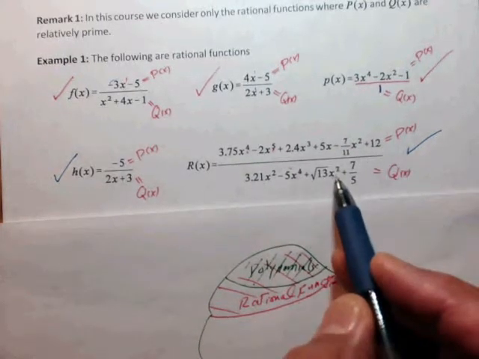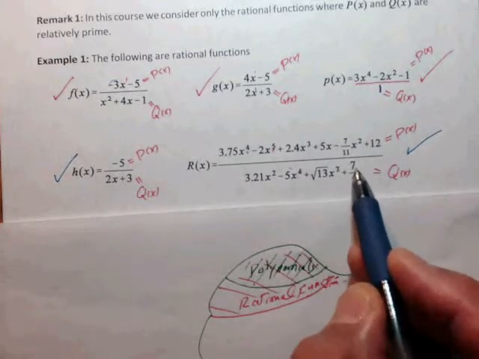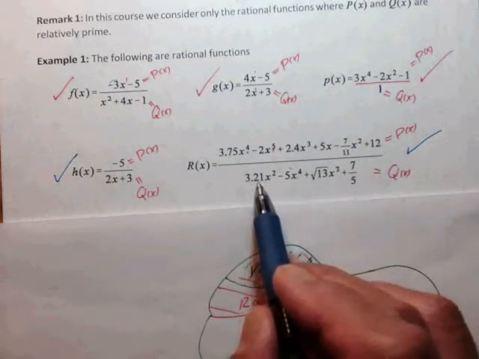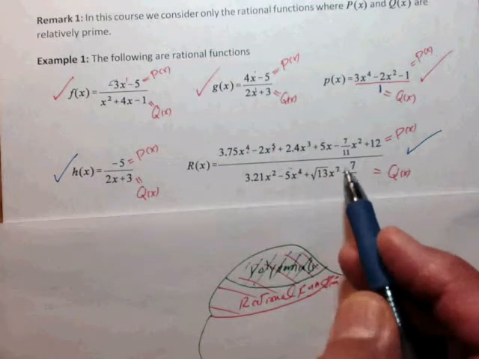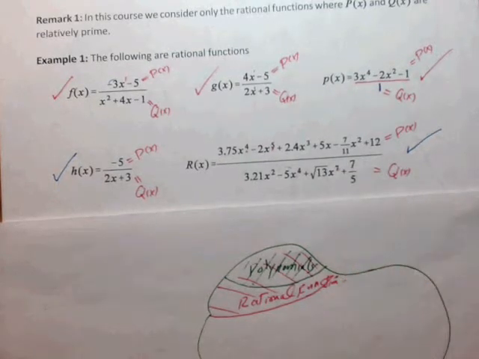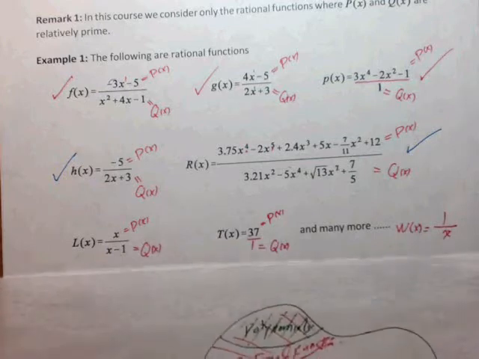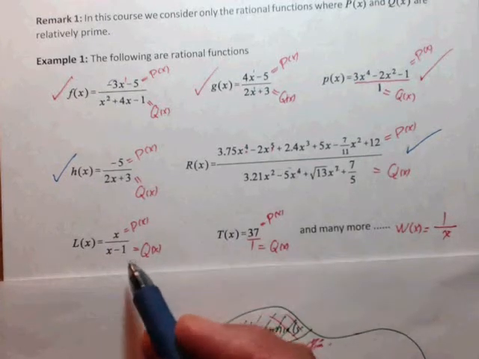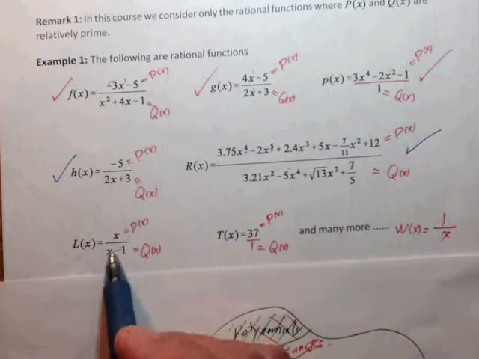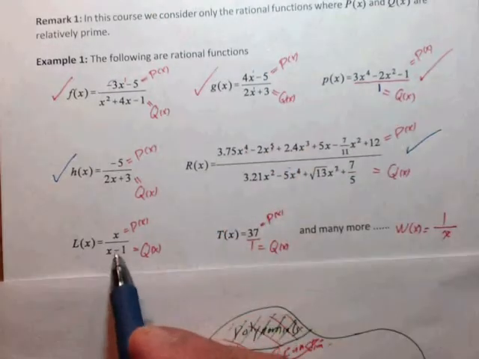The denominator has degree 7 and has 7/5, 3.21, and square root of 13. So it's a rational function, but it's not a nice looking one. It's ugly.